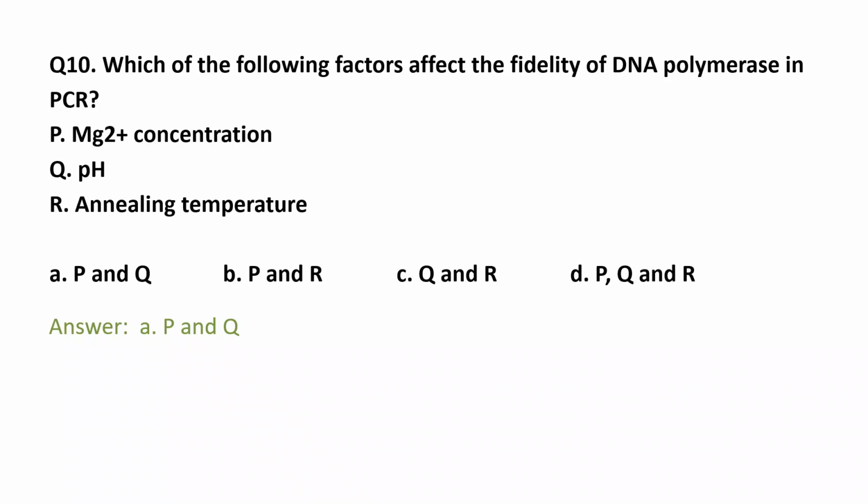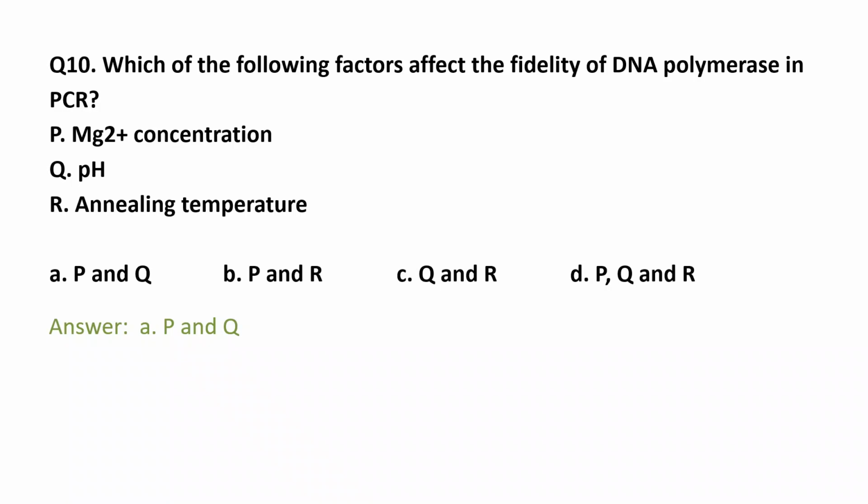It's not the annealing temperature, because annealing temperature controls primer binding. So it doesn't directly influence the polymerase activity. Annealing temperature only has effects on primer binding specificity.